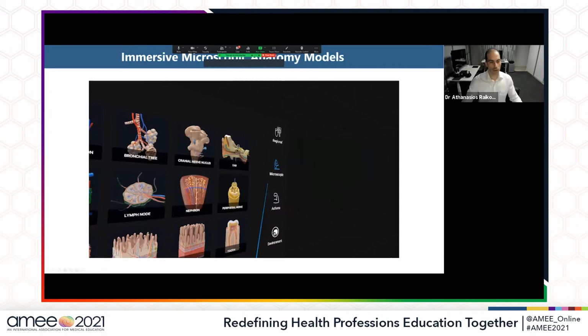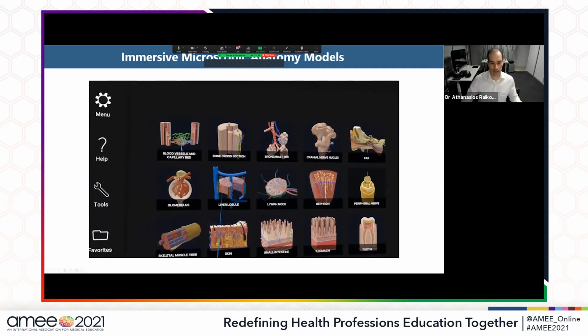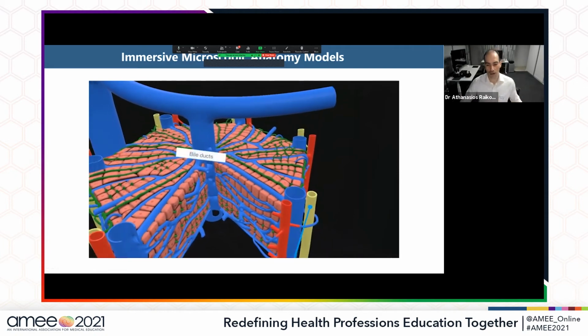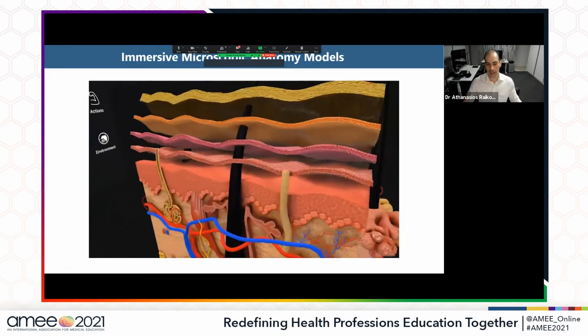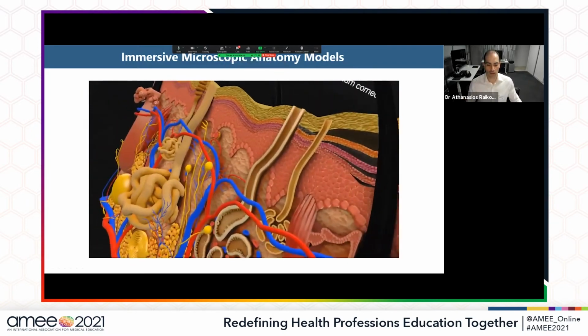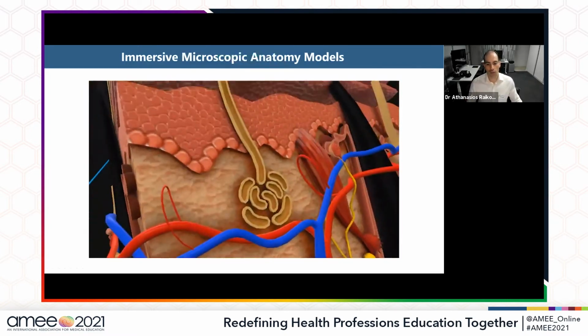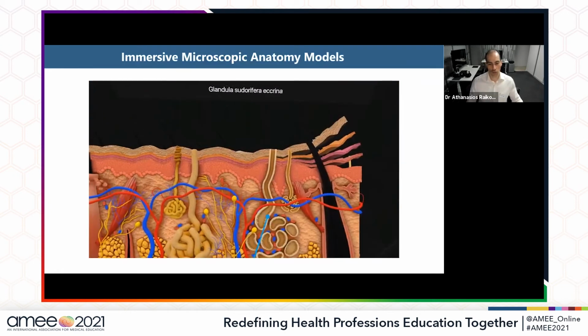All right, so moving on, this is an example of the microscopic anatomy module, and this is an example of a liver lobule. I always had issues explaining those models to students, especially with the plastic model. And with 3D Organon, it's so much more efficient.